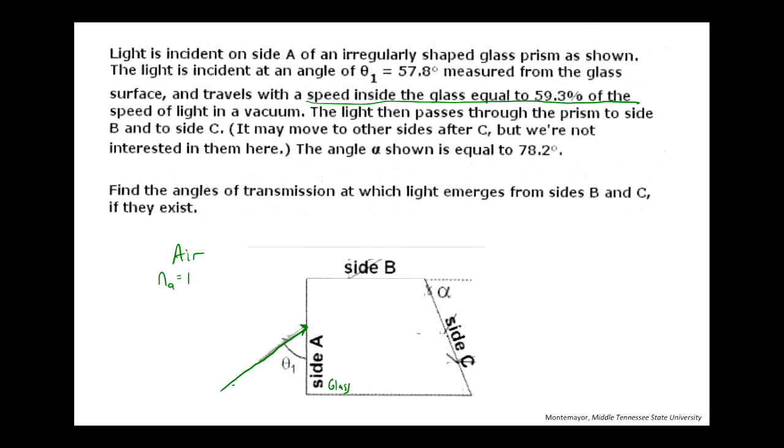So we can use that equation we had, N is equal to C over V, to find the index of refraction of glass. So this will be N sub G. In the numerator, we have C. I'm just going to leave that as C so that we can keep the bottom velocity in terms of C, since they gave us that as a percentage. So that's going to be 0.593 C.